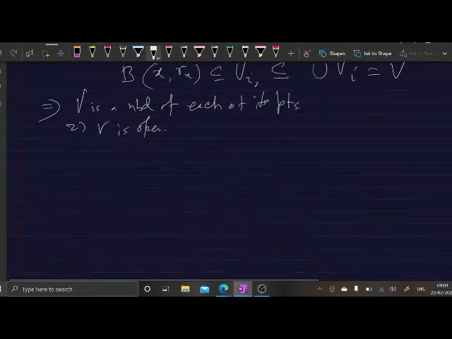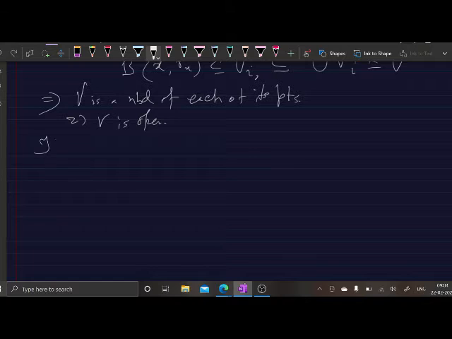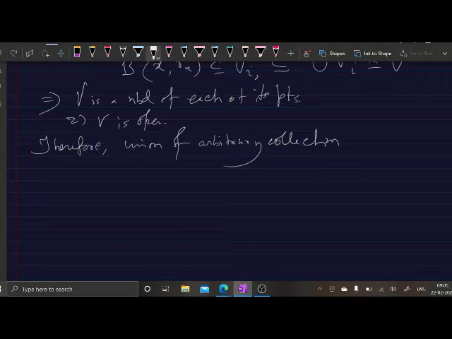That means the union of an arbitrary collection of open sets is open.